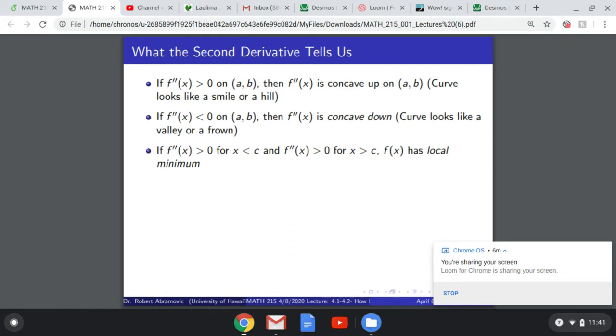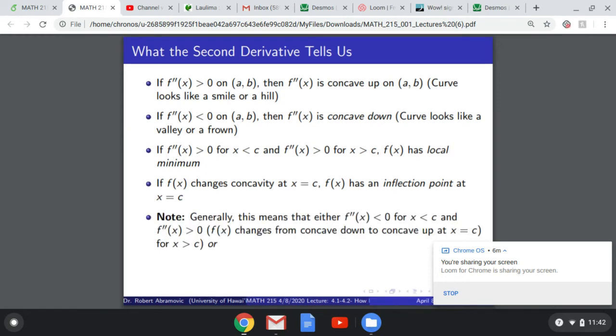We'll get to local max and local min in the next lecture, but if f of x changes concavity, it has an inflection point at x equal to c.